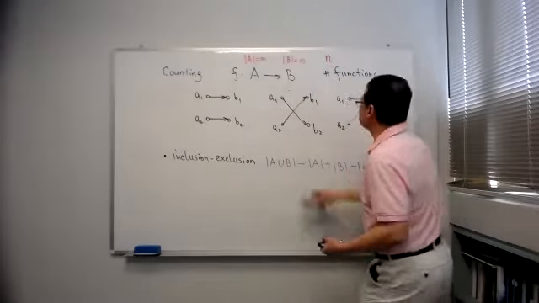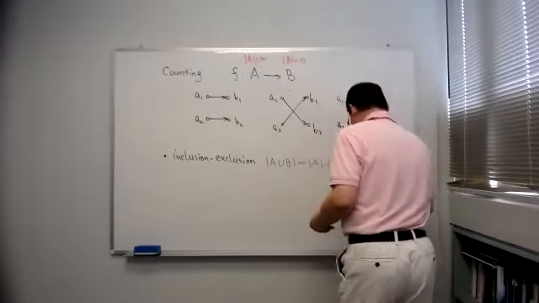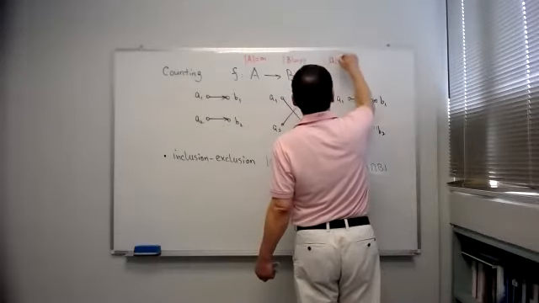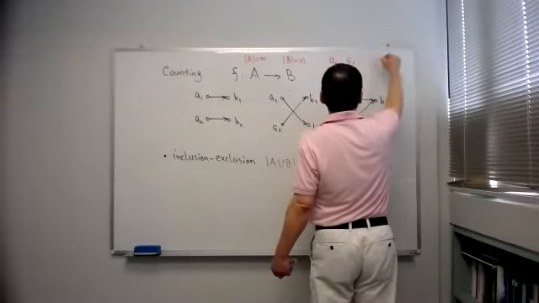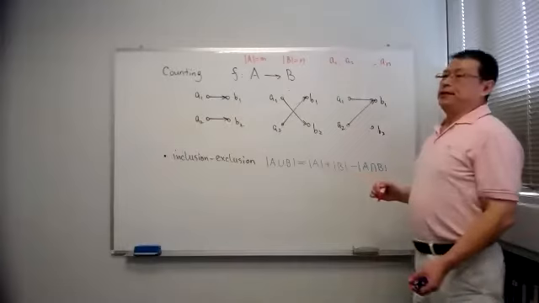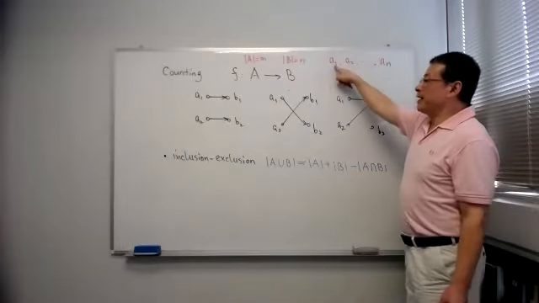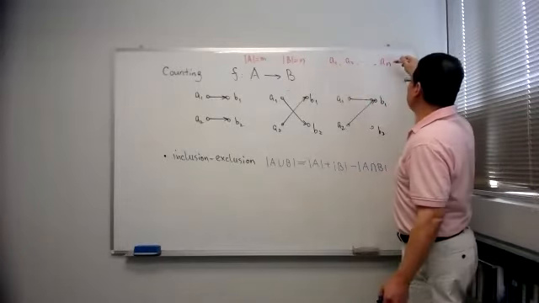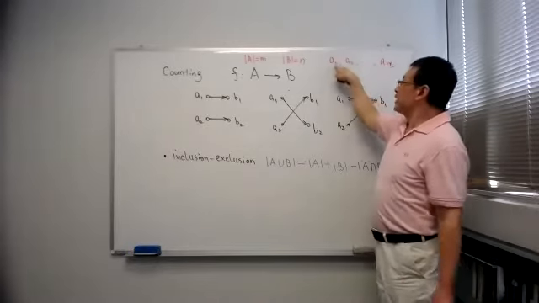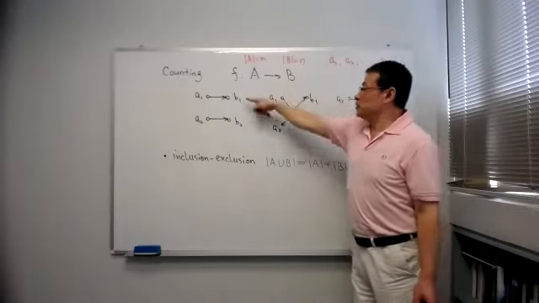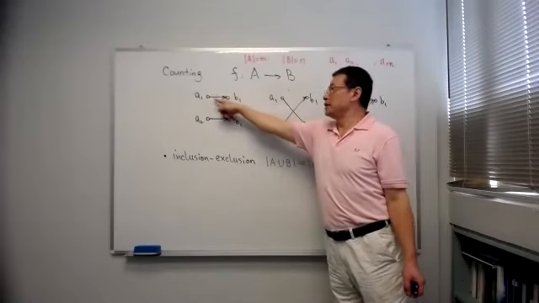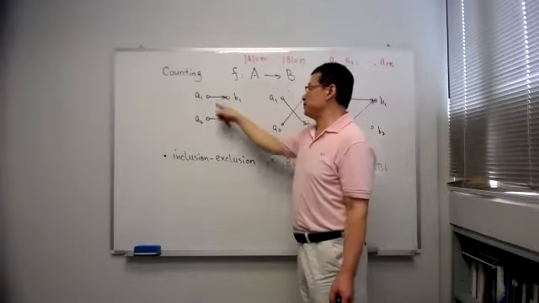So suppose we write it this way. For A1, there are n possibilities, because each element can be an image of A1. So I can assign B1 to A1 or B2 to A1.